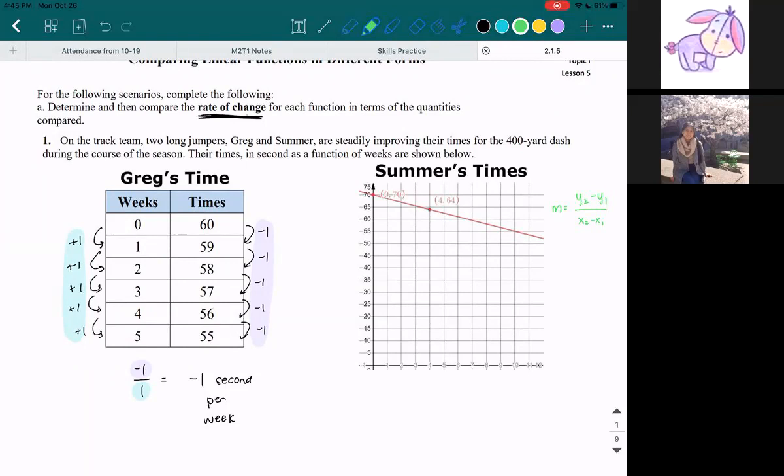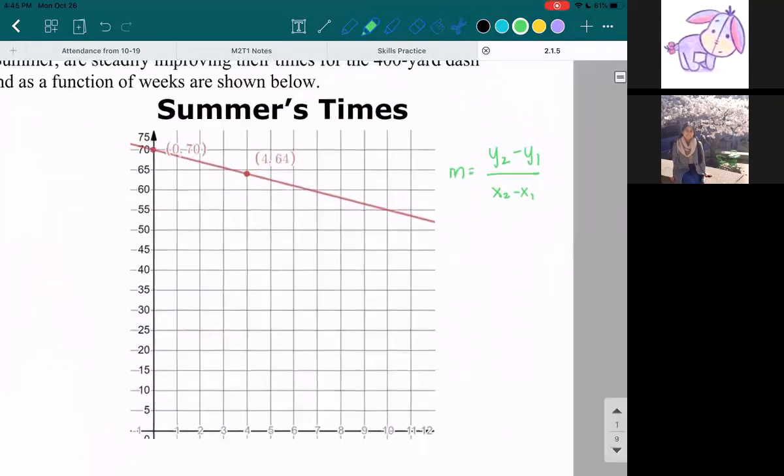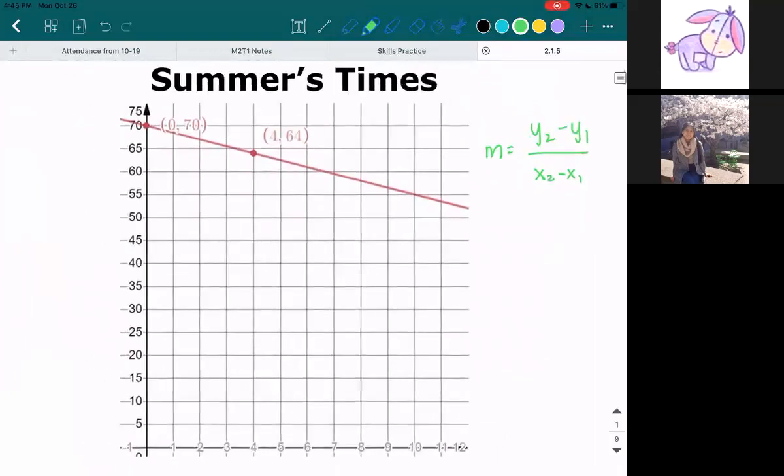I'm going to zoom in over here because the numbers are a little bit tiny. So over here we have 0, 70. This can be our x1, y1. And we have 4, 64. This is our x2, y2. Plugging it into our formula, we have our y2 minus our y1 over the x2 minus the x1.